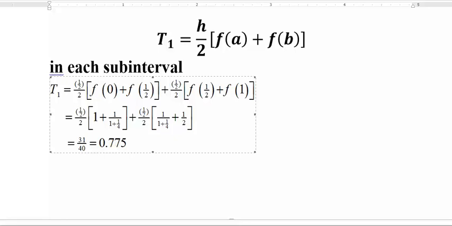In the second integration, we have h over 2, f of half plus f of 1, and so the result in all is 0.775.